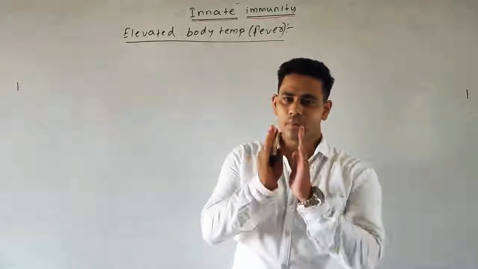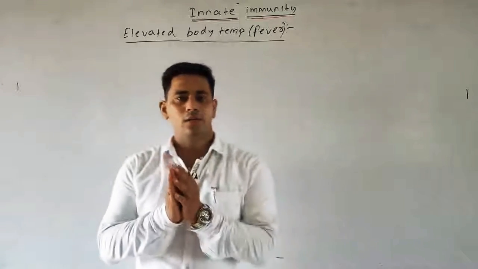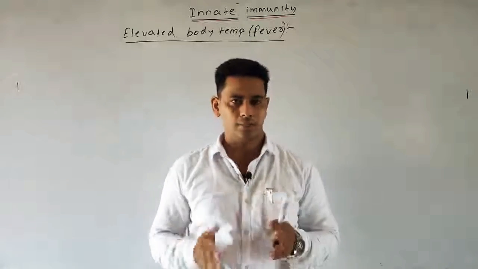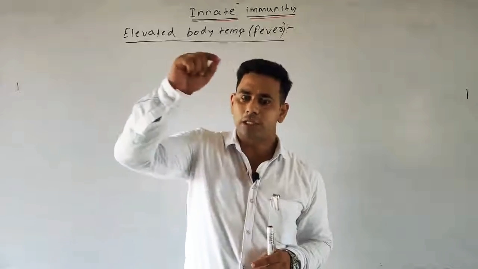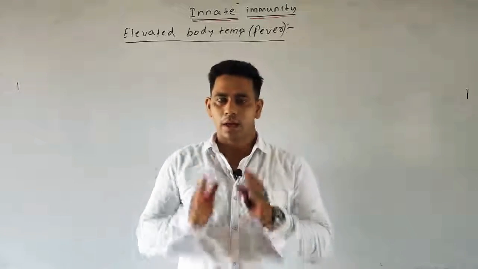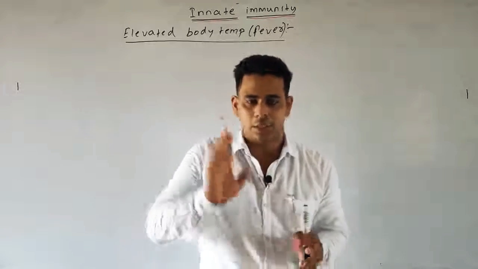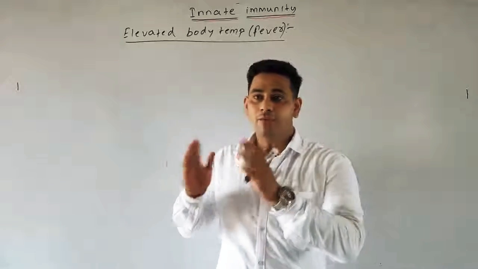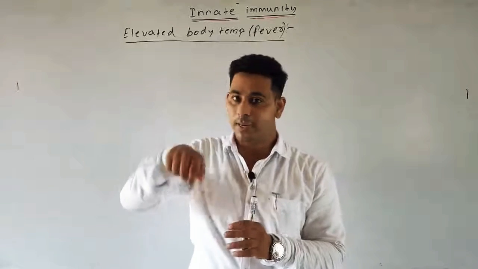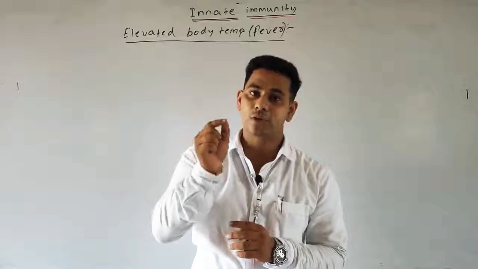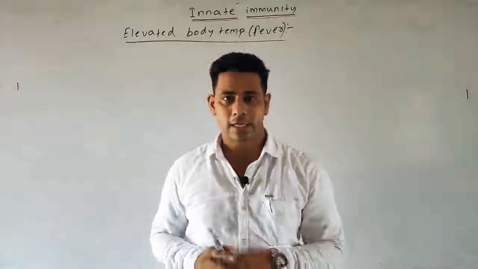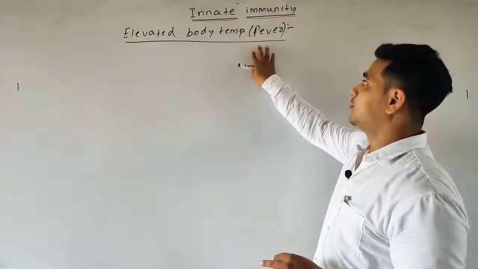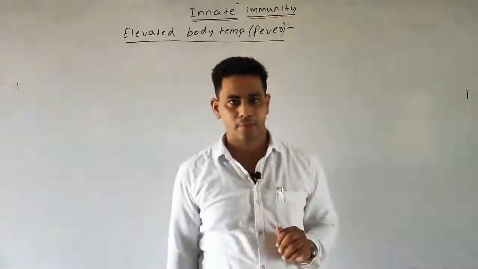Then the pyrogen reaches the brain, specifically the hypothalamus region. Whenever enough pyrogen reaches the hypothalamus, the body temperature increases. As a result, elevated body temperature or fever occurs.